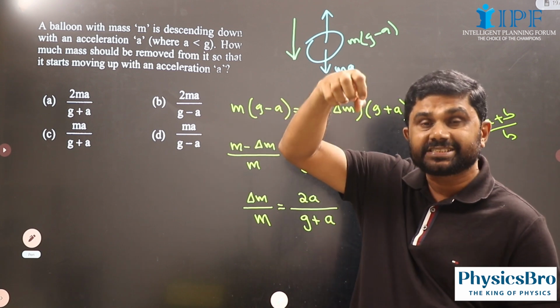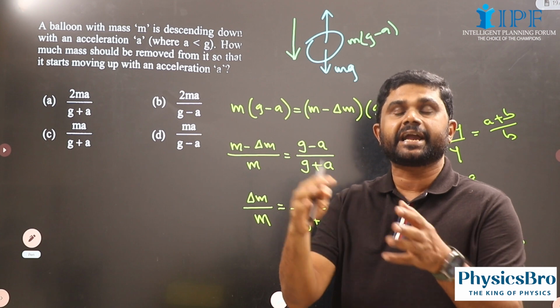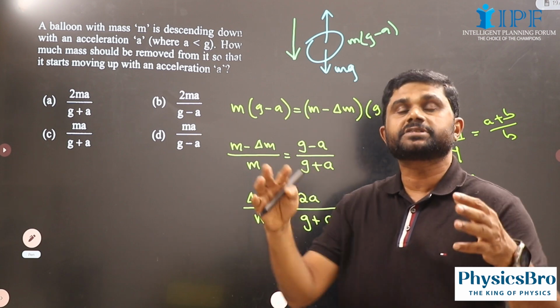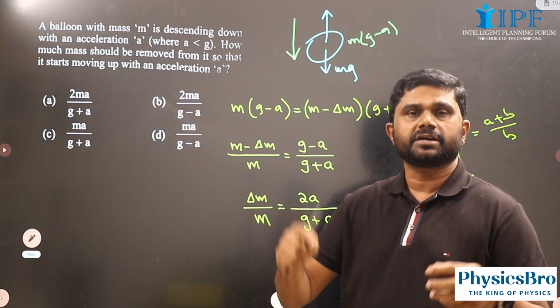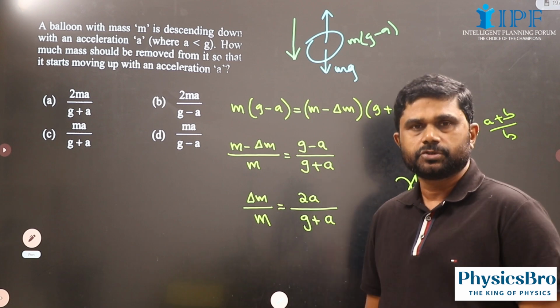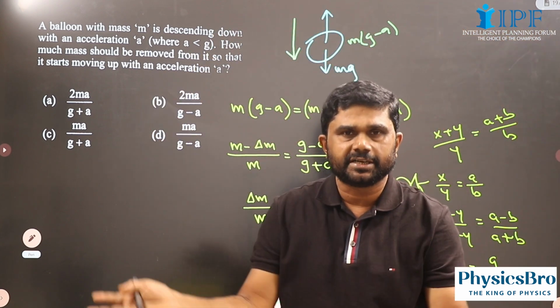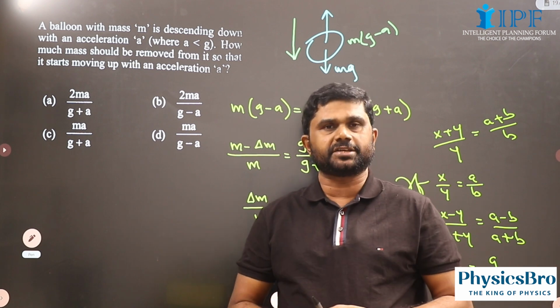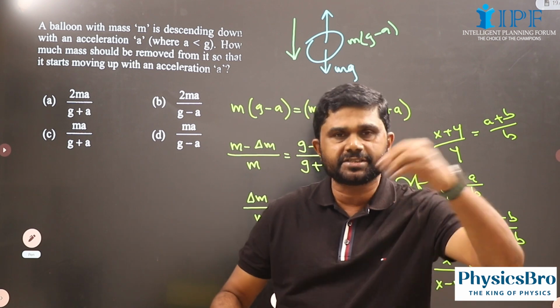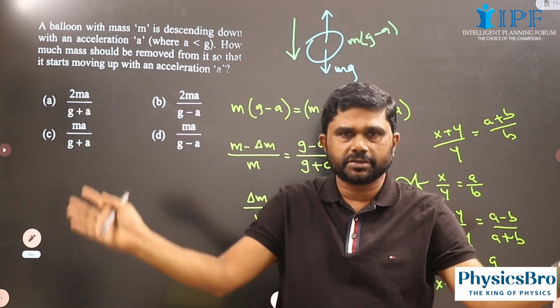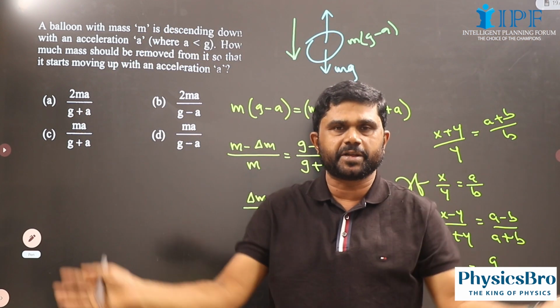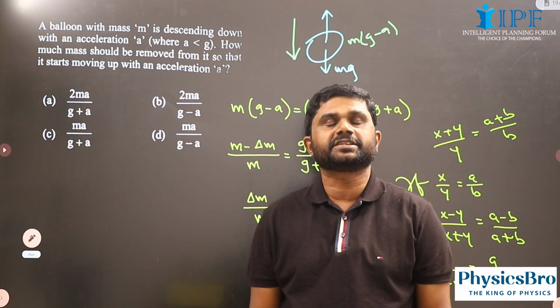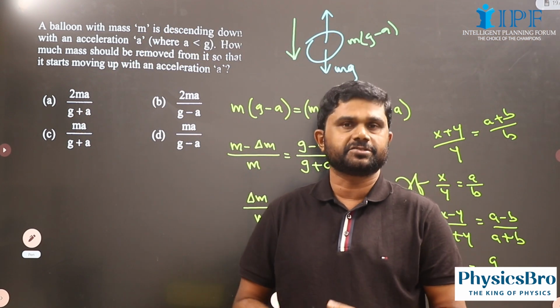Now see, some mass is removed. Suppose delta m is removed, that is, from the hot air balloon some object is thrown out. The upthrust, which is equal to the weight of air displaced, will remain unchanged, because from the basket something is thrown out, so the volume and weight of air displaced remain unchanged.